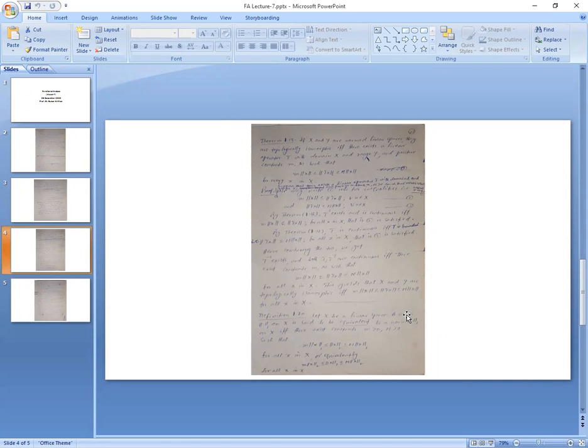If X and Y are normed linear spaces, they are topologically isomorphic if and only if there exists a linear operator T with domain X and range Y and two positive constants, small m, capital M, such that m times x norm is less than equal to Tx norm less than equal to capital M x norm for every x in X. So we assume that there exists a linear operator T and two positive constants small m, capital M satisfying this inequality, and we have to prove that X and Y are topologically isomorphic.